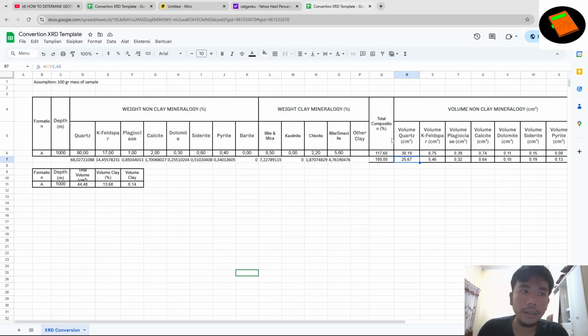Then we can transform weight to volume. But before that, the 100 gram sample will help us because we don't need to transform percent into gram or kilogram, so we can use it directly.